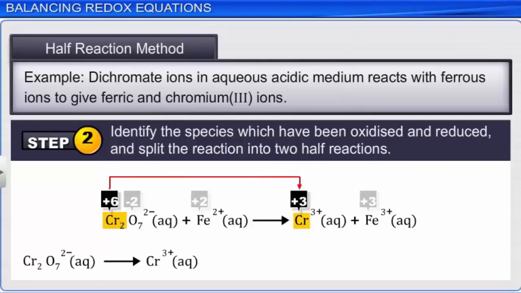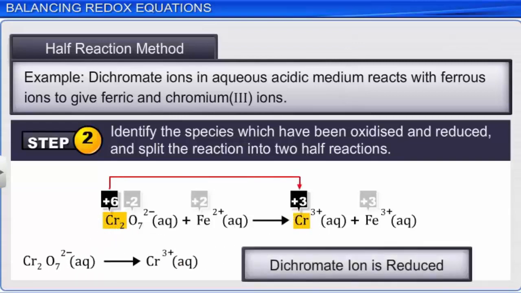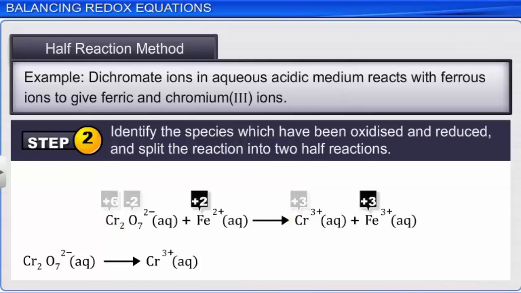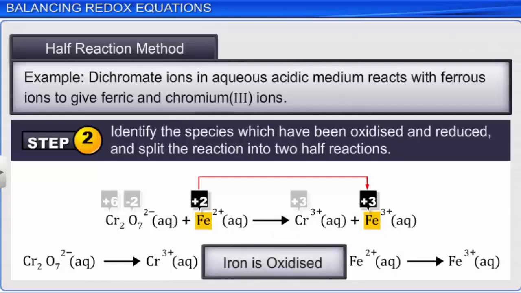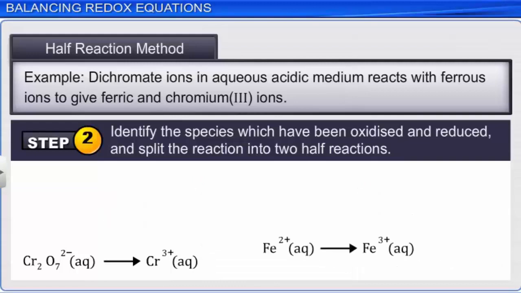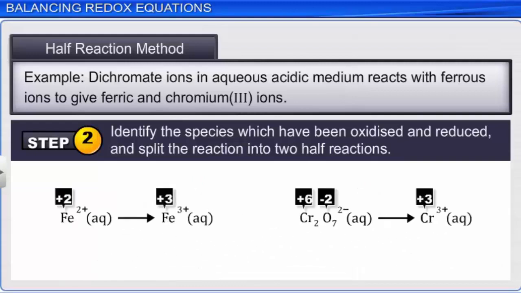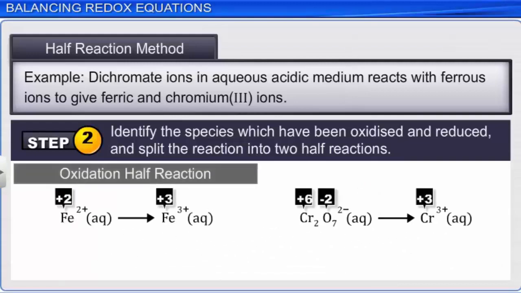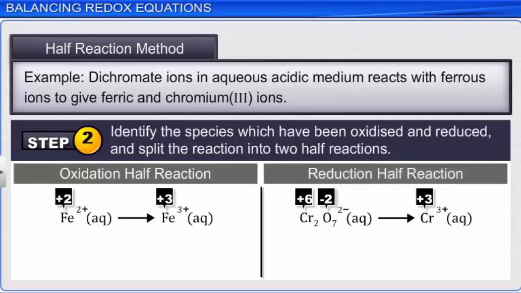Thus, dichromate ion is reduced. Simultaneously, the oxidation number of iron increases from +2 to +3. Thus, iron is oxidized. Thus, the 2 half reactions can be written to show the oxidation half reaction and the reduction half reaction.